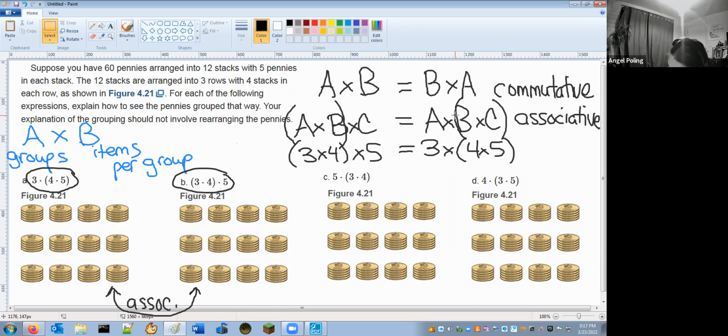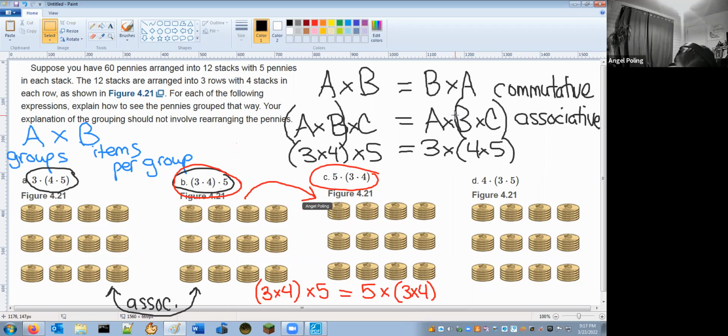Let's look at between B and C. So in B, we have 3 times 4 times 5. And in C, we've moved the 5 to the front, and we've moved the group to the back, right? So just in terms of pure numbers, right? So there we've used between B and C, we've used the commutative property.